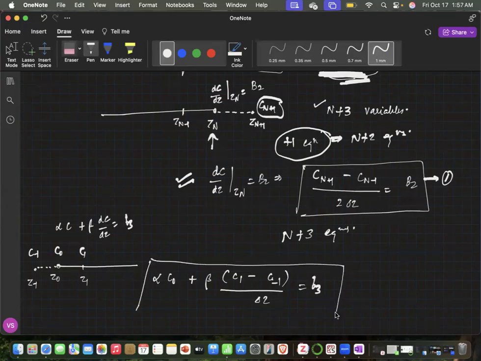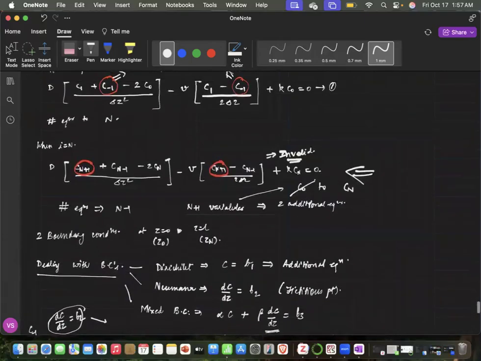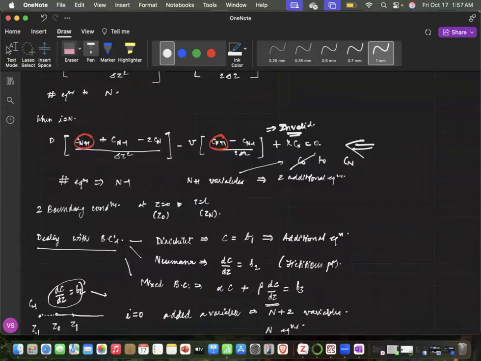So this acts as an additional equation, right? So this can be solved as well. So anytime you see a derivative in the boundary condition, you have to use a fictitious point, right? So that is it. If you have a Dirichlet boundary condition, it is fairly simple because you just have to use the value over there.